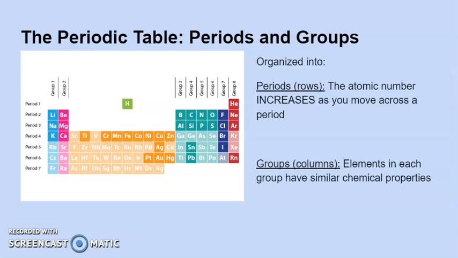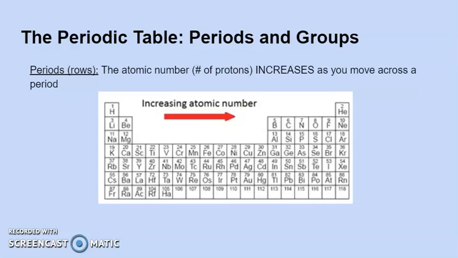Now, in terms of the groups, or the columns, you can see it's divided into group 1, group 2, group 3, group 4, group 5, and so on and so forth. These groups have similar chemical properties, so they were divided according to their similar chemical properties.